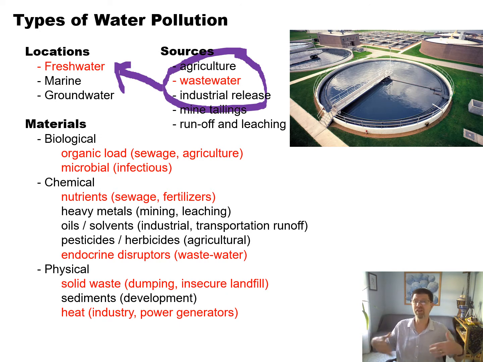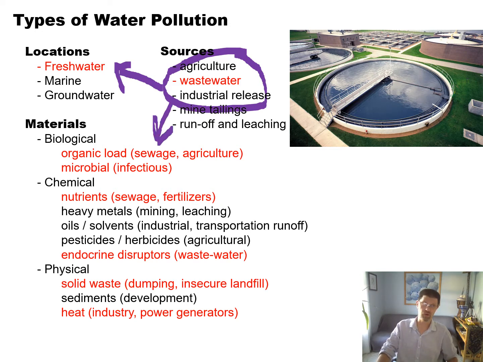Except that it is often treated to some extent, which is what I have a picture of here, a water treatment plant. But water treatment is really just a series of holding tanks and some chemicals that try to get the really nastiest stuff to sink out of it so that we can take it off the bottom before we dump it back in the river.